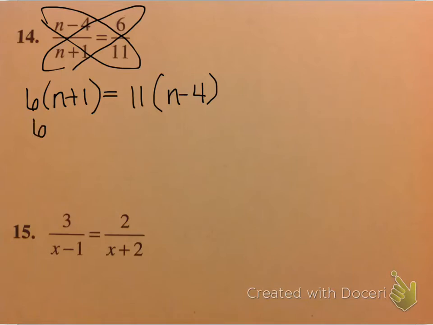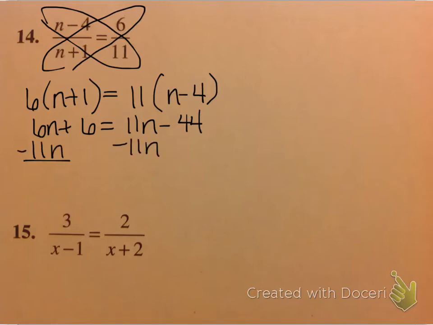So I'm going to have 6n plus 6 equals 11n minus 44. Get all of my n's on one side. That's going to leave me negative 5n plus 6 equals negative 44.